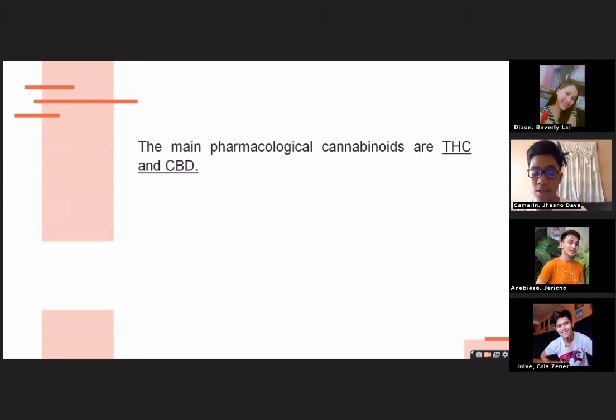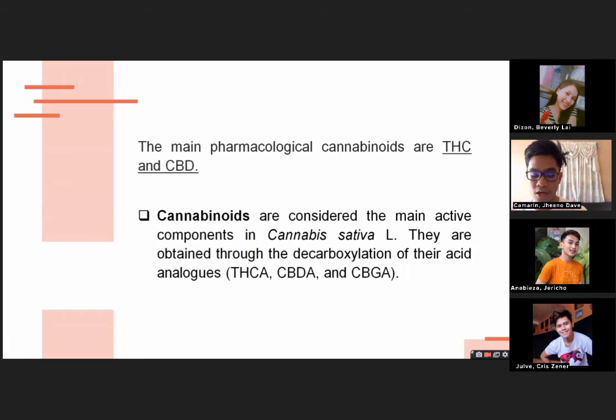However, THC also includes undesirable psychoactive effects. The decarboxylation process converts the naturally occurring acidic forms of cannabinoids, such as cannabidiolic acid, or CBDA, and tetrahydrocannabinolic acid, to their more active neutral forms known as cannabidiol and tetrahydrocannabinol.